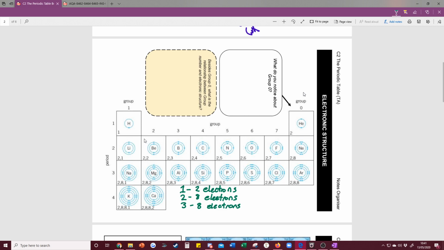And you'll see this with lithium. So notice with hydrogen and helium, hydrogen has an atomic number of 1, so it's only going to have 1 electron. Not a filled shell, that's fine. Helium has an atomic number of 2, has 2 electrons, just filled the first shell.